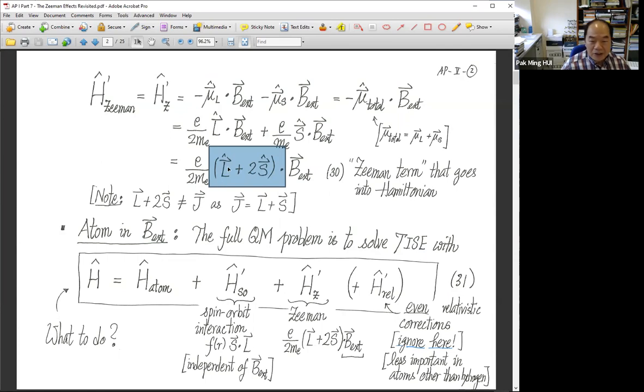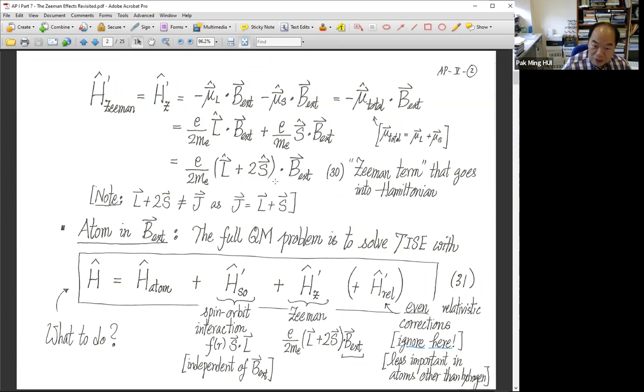So this is one thing that you should take note of, because we would like there to be a magnetic dipole moment associated with J. And therefore, we expect to see some J here and dot into the external field. That will be wonderful. Everything in the same form, right?